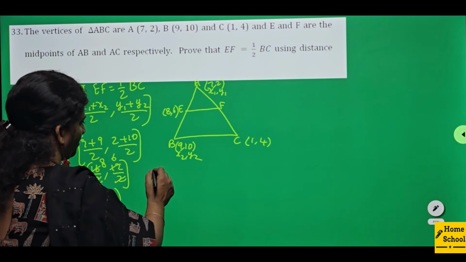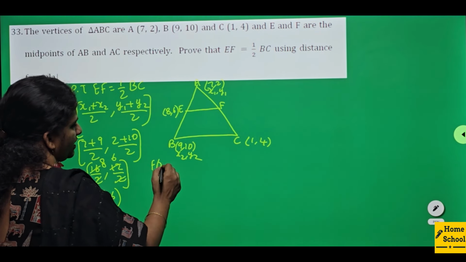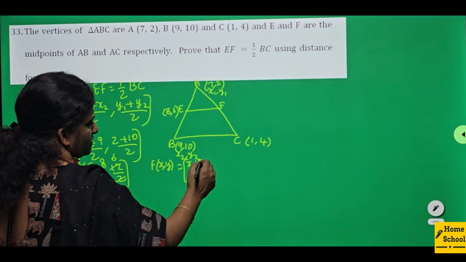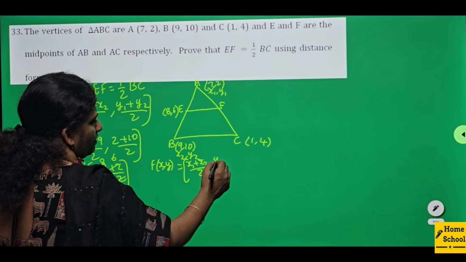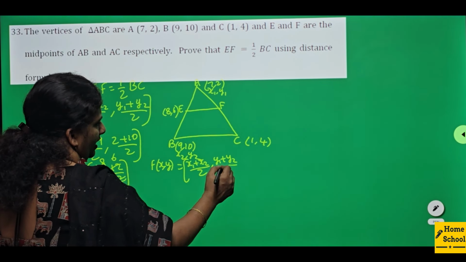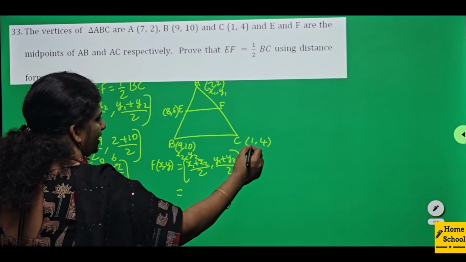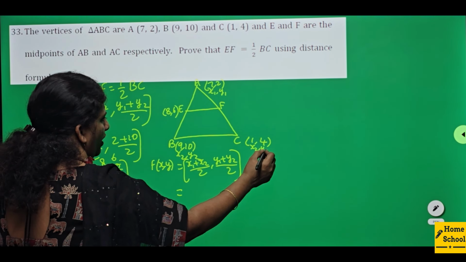Then what is the midpoint of F? Again same formula. F (x, y) is equal to x1 plus x2 by 2, y1 plus y2 by 2. Here x1, y1 as it is we will take, and this one as x2, y2.